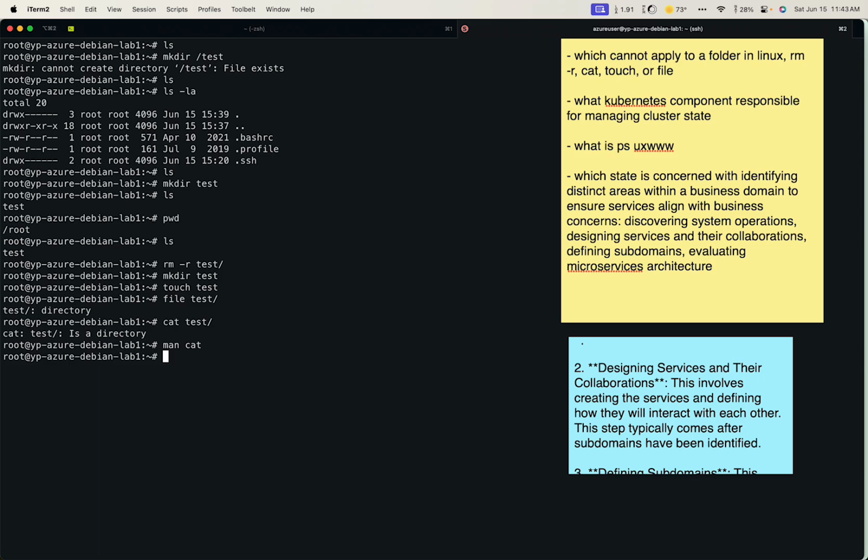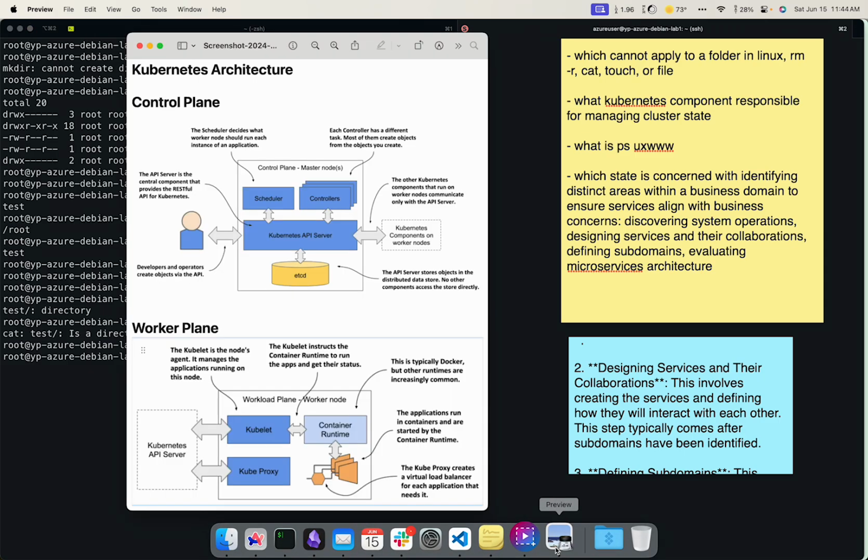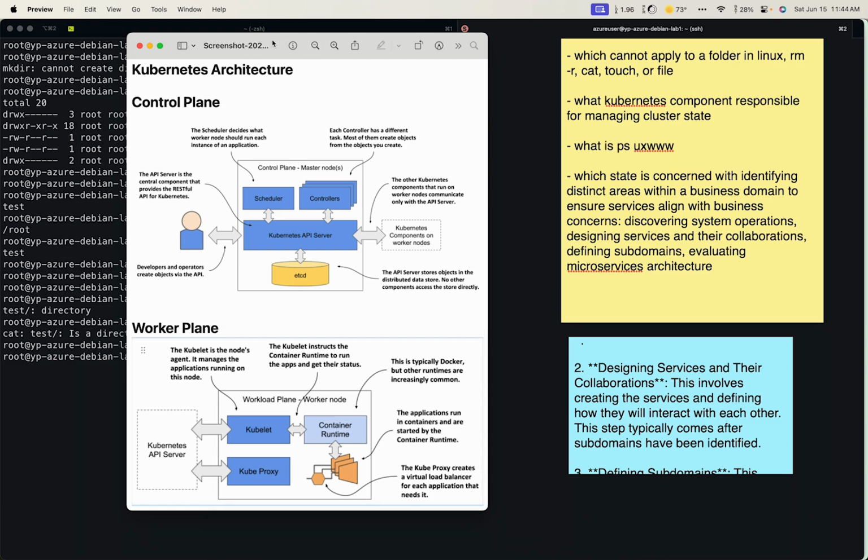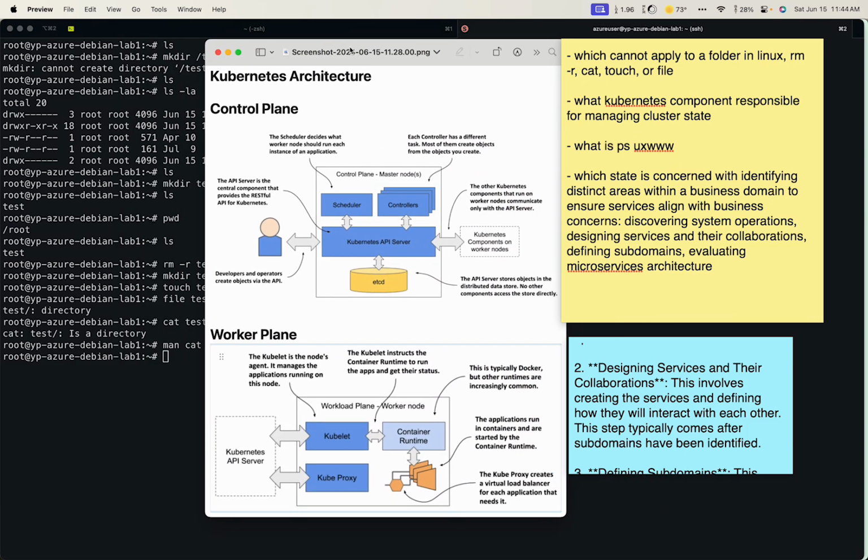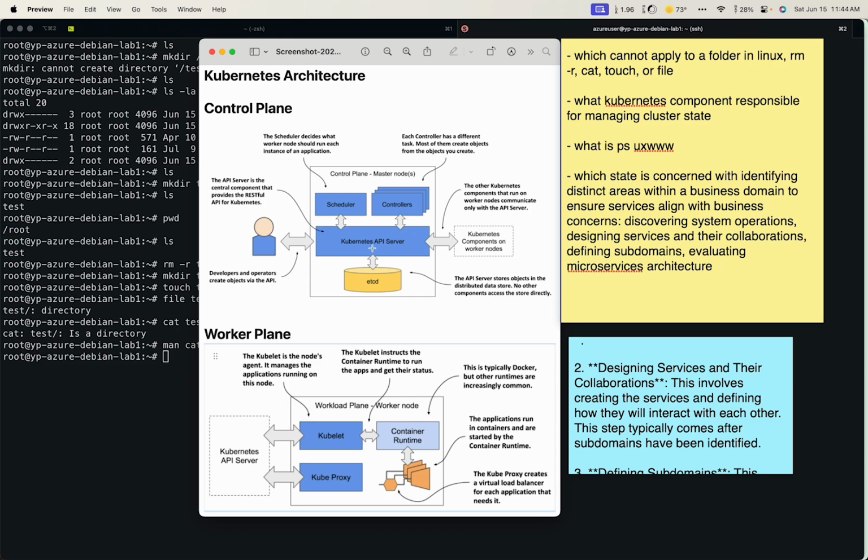So that's one question. Another question I had is what Kubernetes component is responsible for managing cluster state? I thought about this one for a little while. I selected the API server. Let me pull up my Kubernetes architecture diagram.